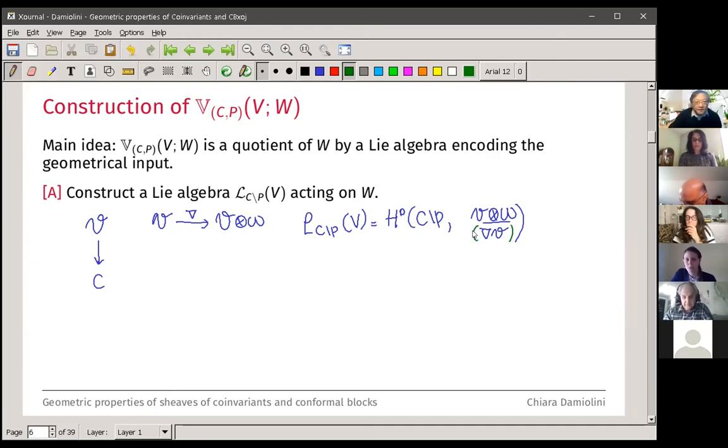We could also not consider the quotient. It will still be a Lie algebra, just that the action on W factors through the quotient. So we can as well take the quotient.